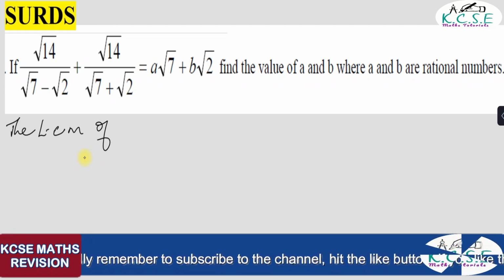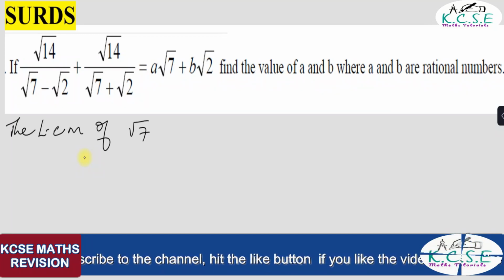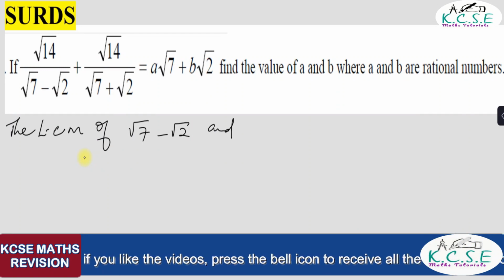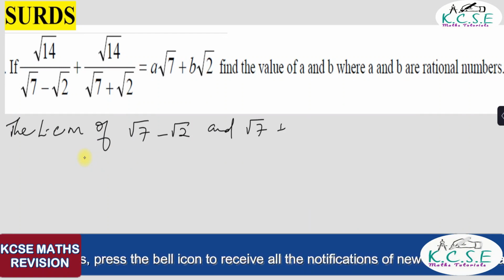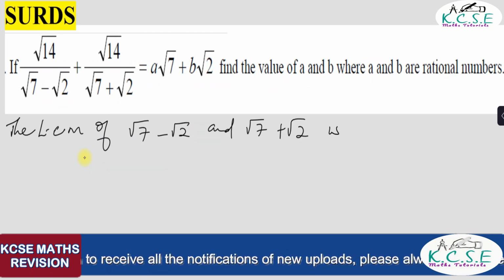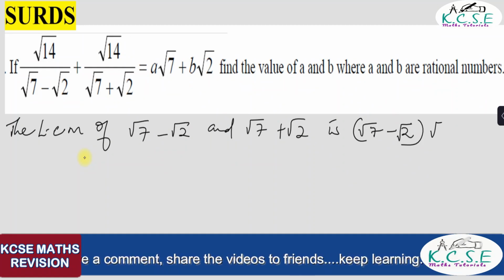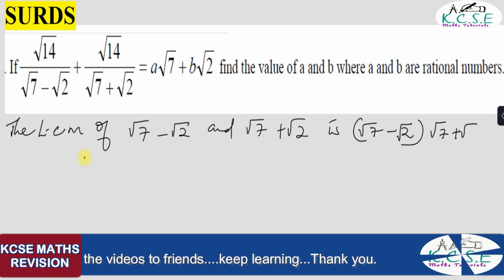Begin by getting the LCM of root 7 minus root 2 and root 7 plus root 2, which is root 7 minus root 2, everything multiplied by root 7 plus root 2.